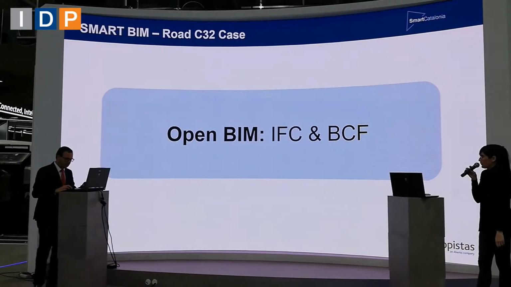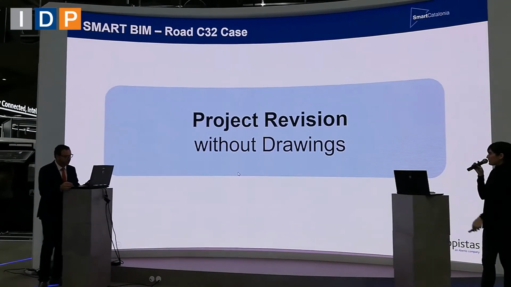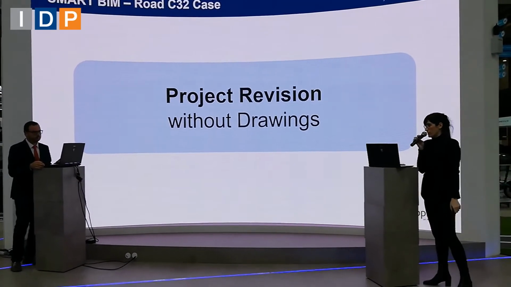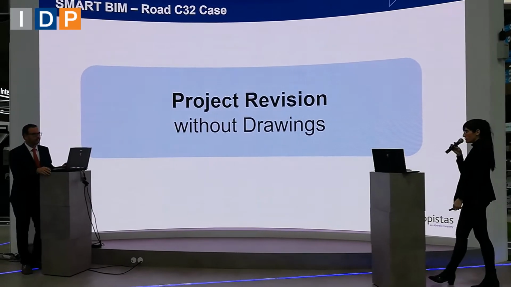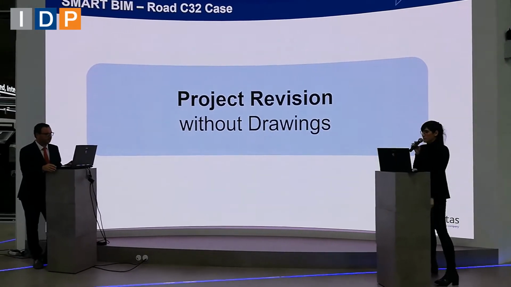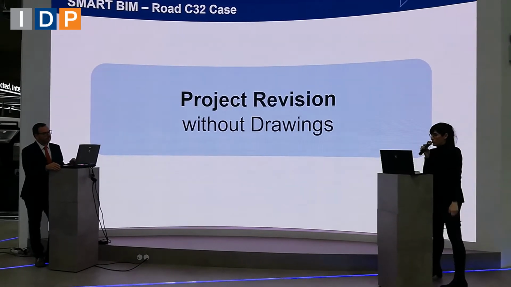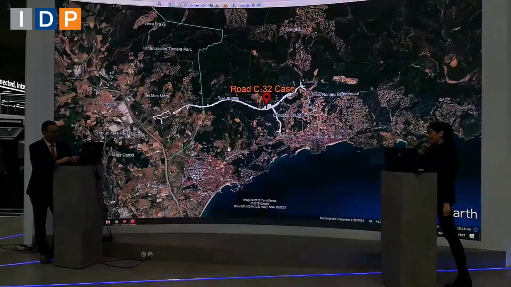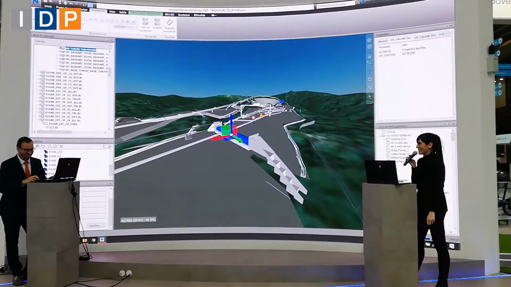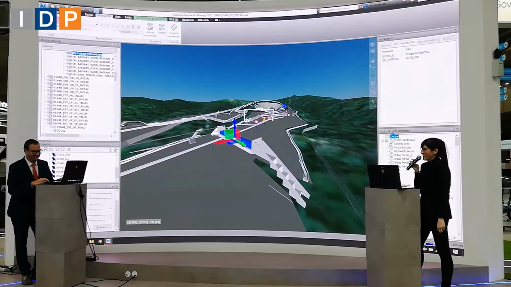Next important point is project revision without drawings. The sector is super used, we are all super used to working with drawings, but this time we decided to review all the project without drawings. Let's go to the model. Mario is like, okay, model presentation, come on.